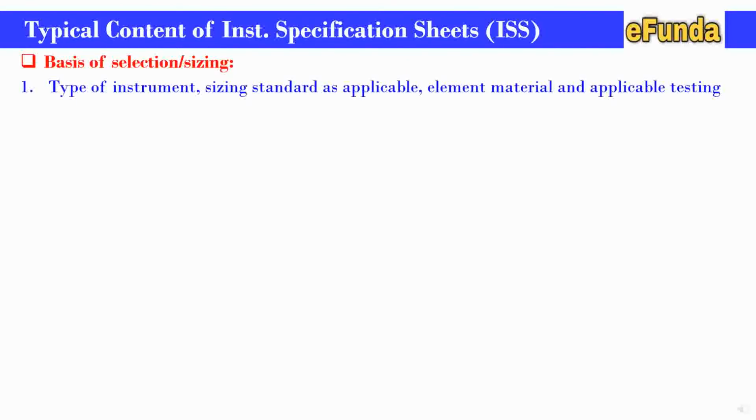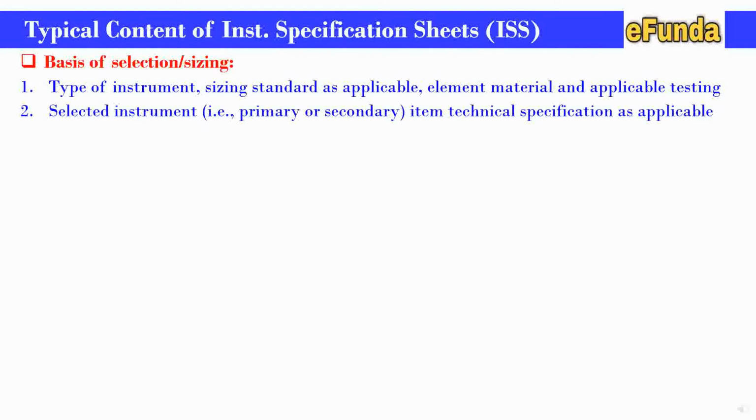Basis of selection and sizing. Point number one, type of instrument, sizing standard as applicable, element material and applicable testing. Point number two, selected instrument, that is primary or secondary item, technical specification as applicable.